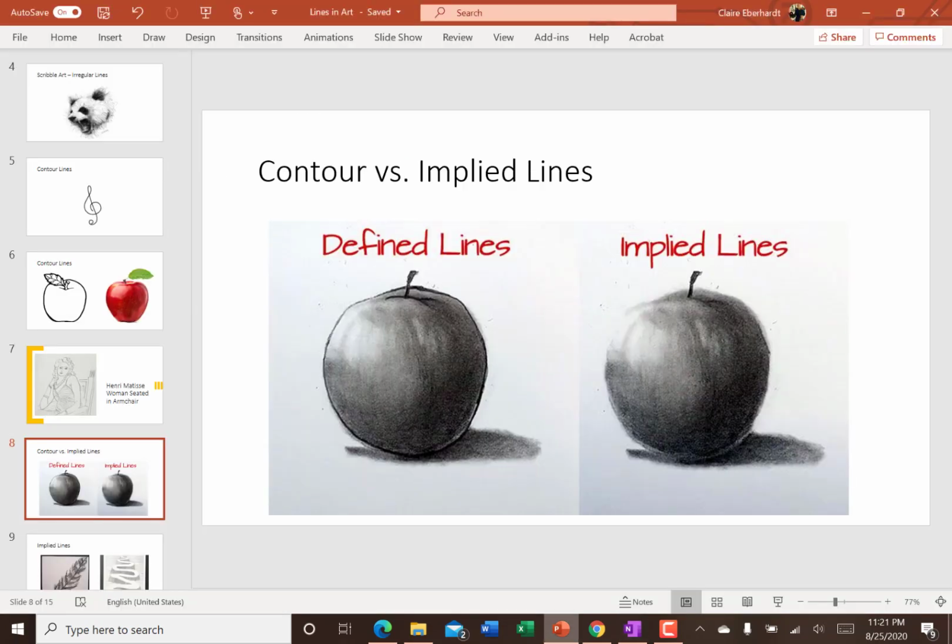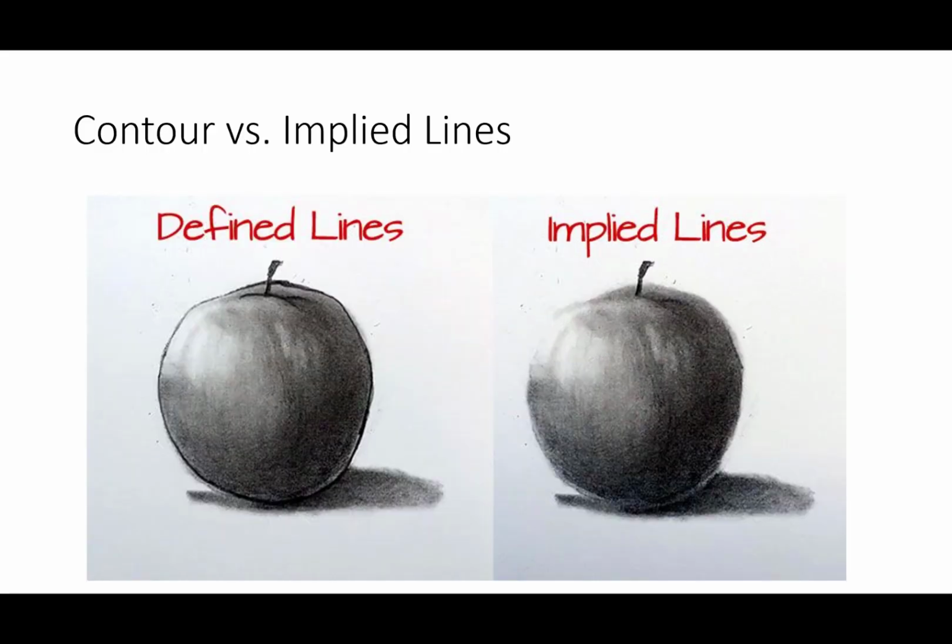And here, keeping with the Apple theme for just a minute, right? Defined lines are contour lines. Right, and now this art here of this apple has more than just contour lines. It also goes into shading and value, right, that you've got here with the different shading and value. But this line here is a defined line.